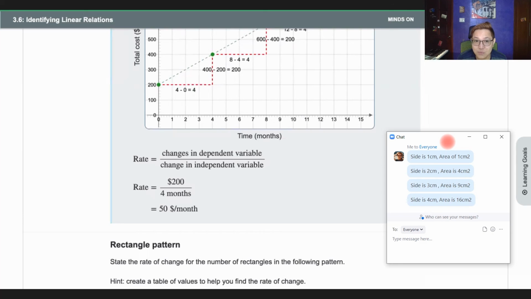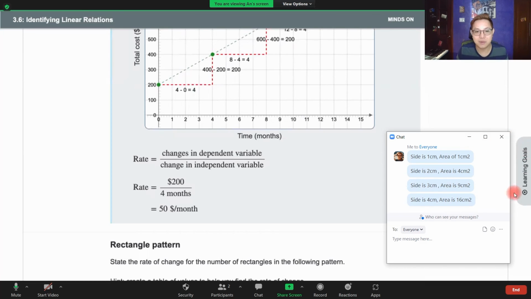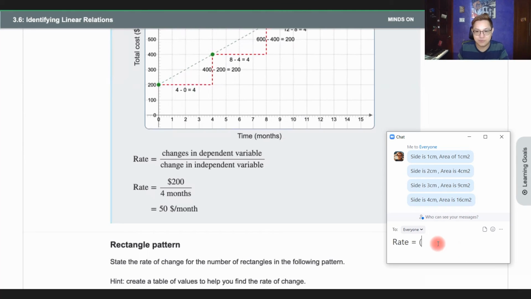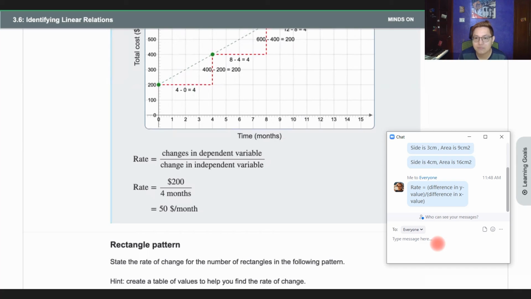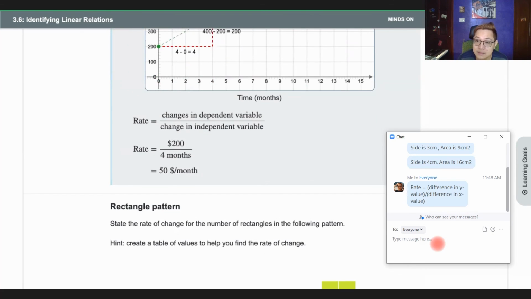It's like the difference in y values divided by the difference in x values, right? So basically, we have an equation here. The rate equals the difference in y value divided by the difference in x value. There you go. So this is the rate.